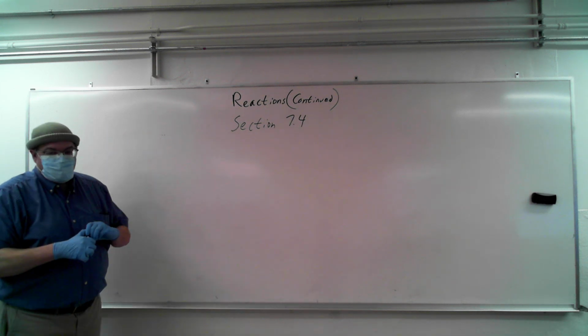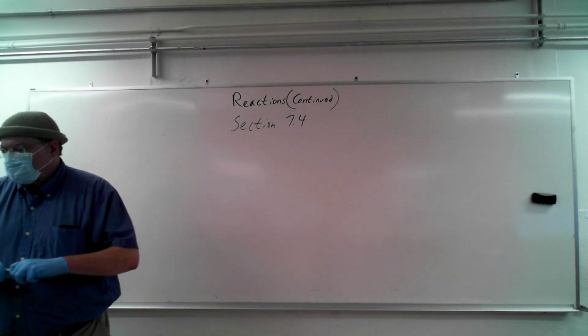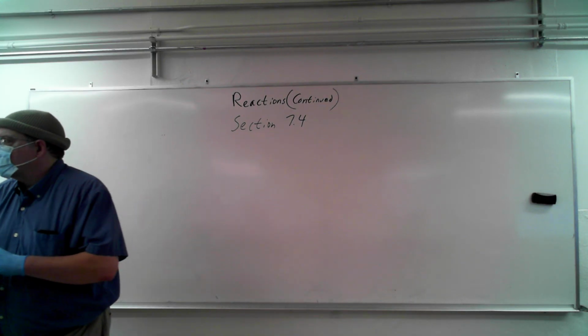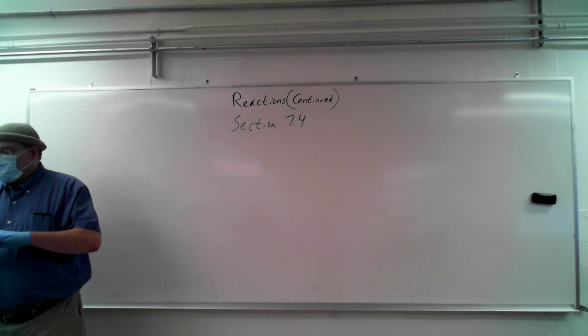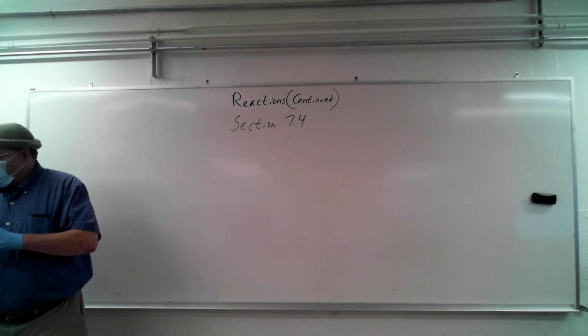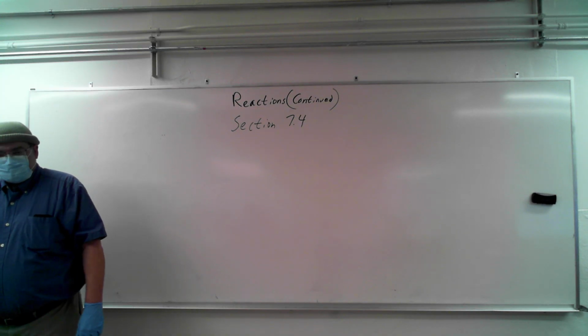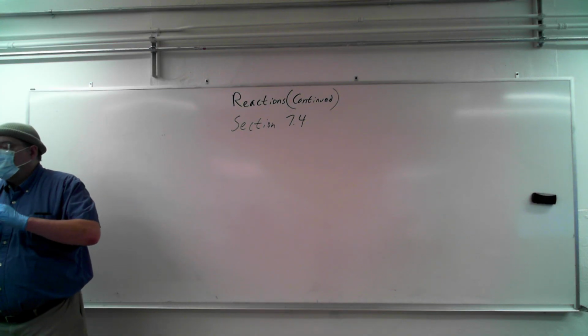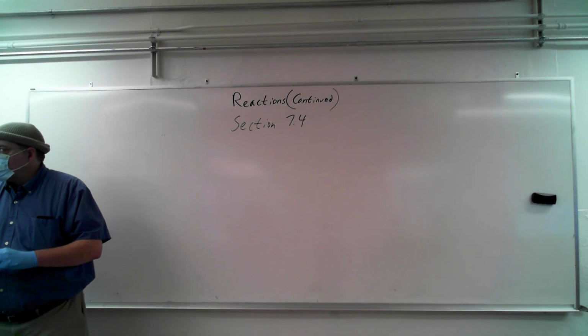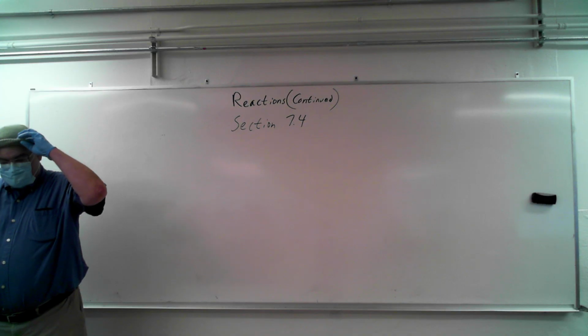The beginning of section 7.4 talks about balancing. You're given the chemical equation and you have to balance it. I don't tend to make y'all do that because that's not the most important thing. Being able to use a balanced reaction is the most important thing. Maybe I'll have you balance some reactions later in the semester, but it's just not that important.